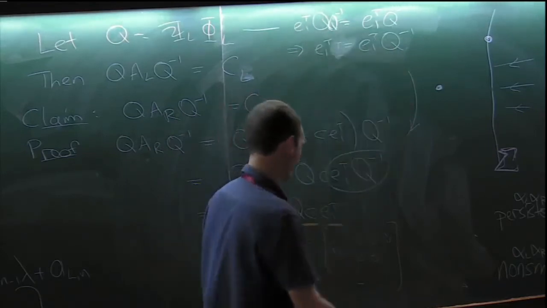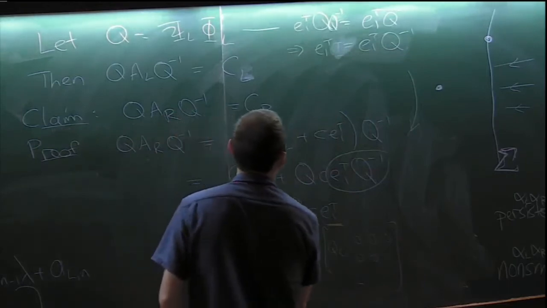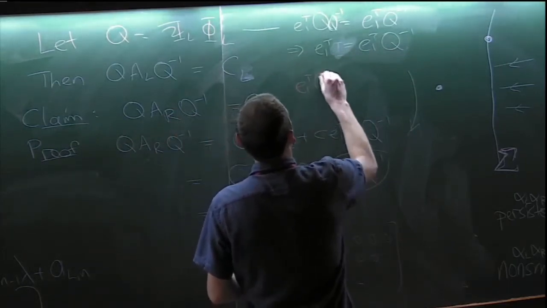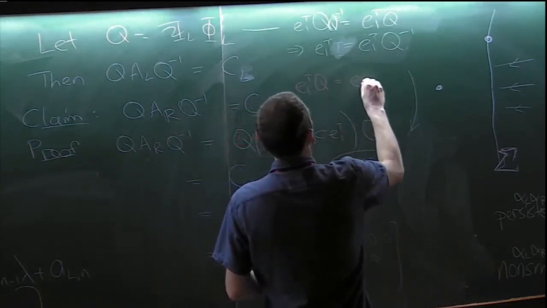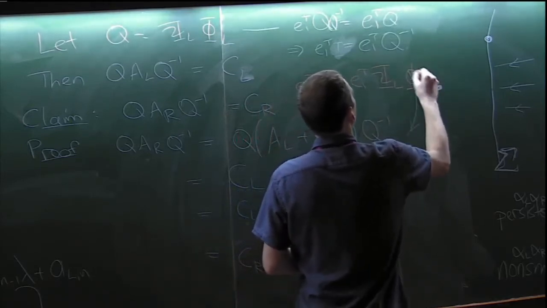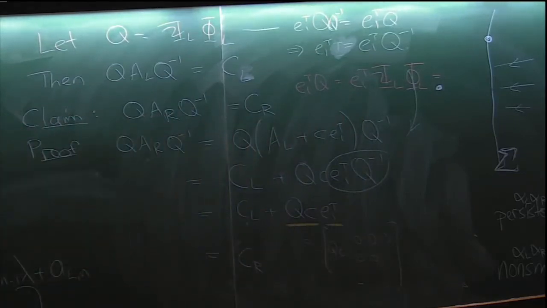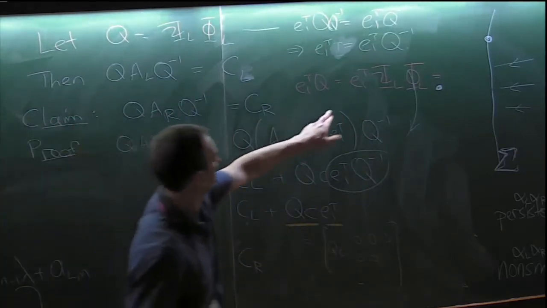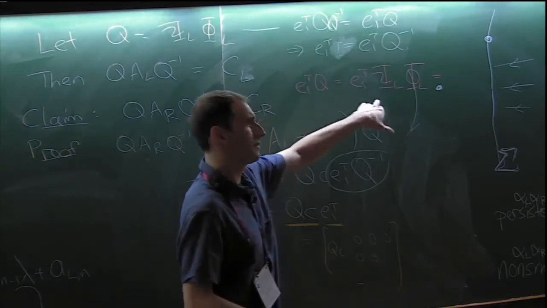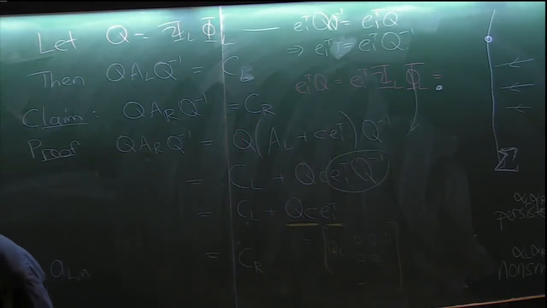So how did I get that equation in the first place? Okay, so E1 transpose Q equals E1 transpose psi L phi L, just by the definition of Q. So E1 transpose psi, that's the first row of psi.